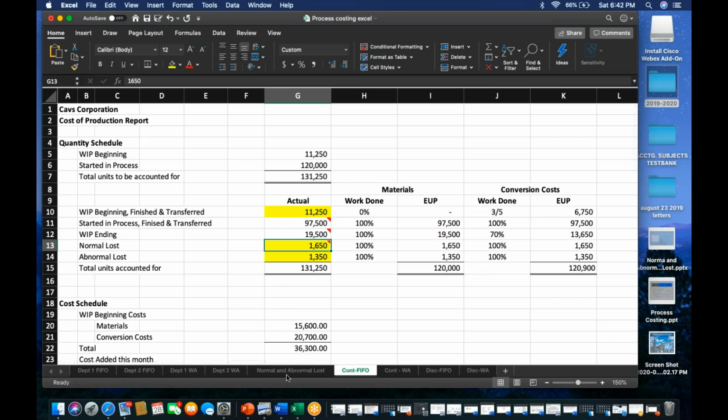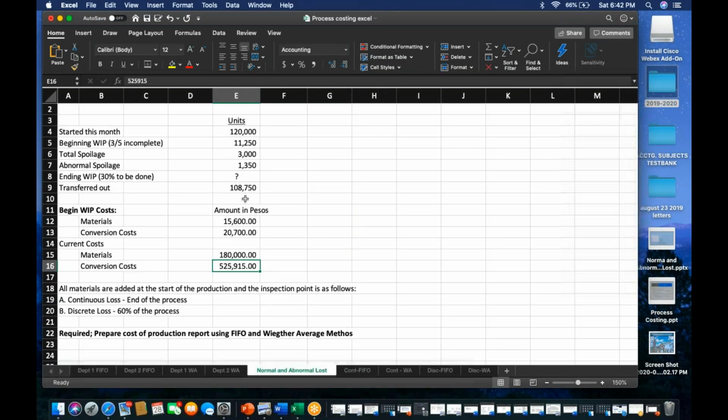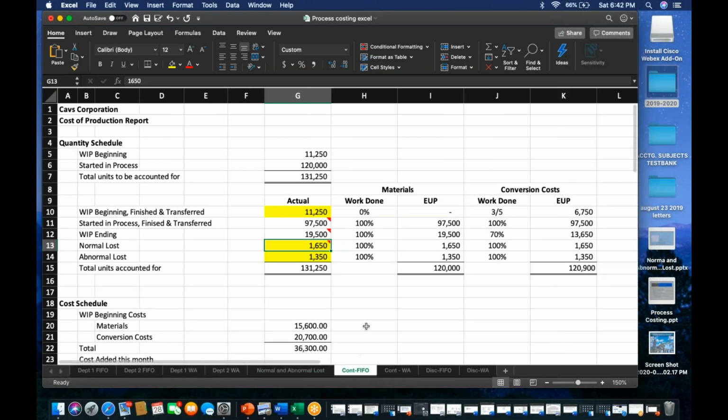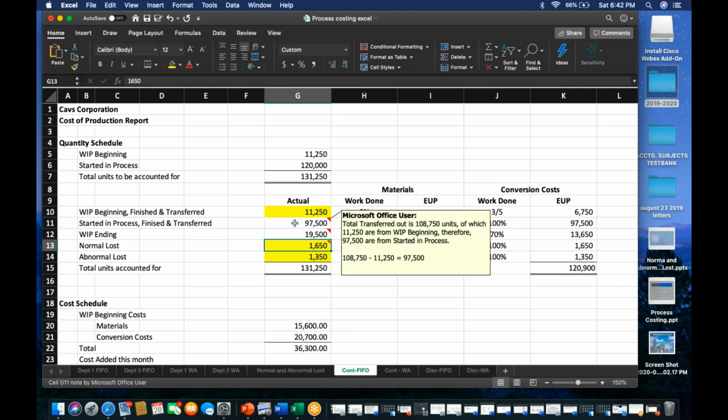So kung 108,750 yung na-transferred out, yan yung total na complete. Kasama dyan of course yung work in process beginning, ang gagawin mo lang, 108,750 of which 11,250 is from work in process beginning.